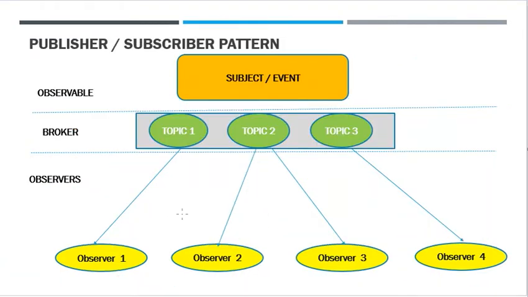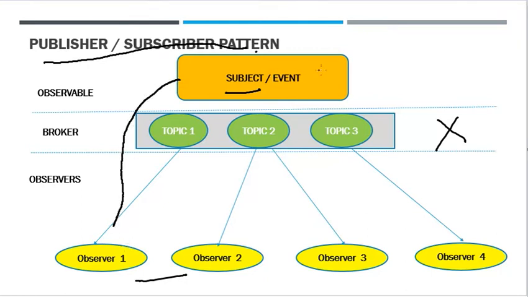They see the message. There is one big difference, because many people confuse the observer pattern with the publisher subscriber pattern. The big difference between the observer pattern and the publisher subscriber method is the broker. In the publisher subscriber method, we also have a broker between our observable, that is the subject, and the observers. It means that the observers do not directly register with the subject. Instead, there is a broker in between, and observers have no idea about the observable, the subject, and the subject has no idea about the observers.